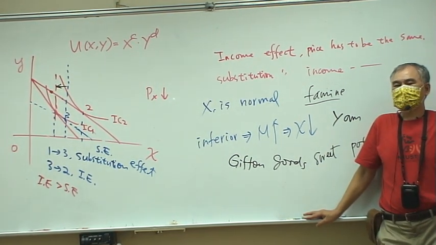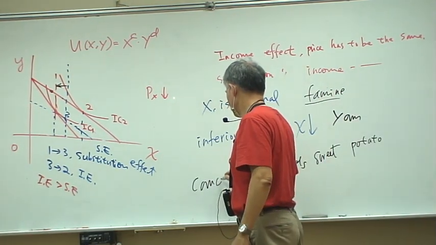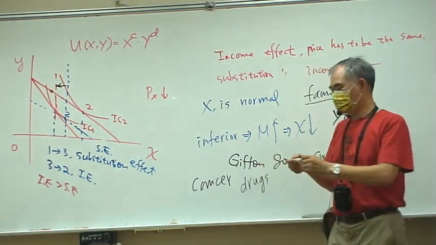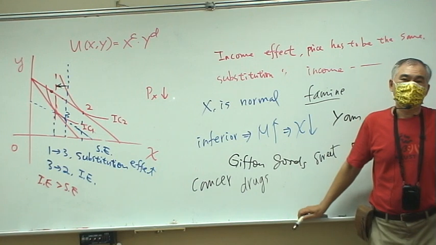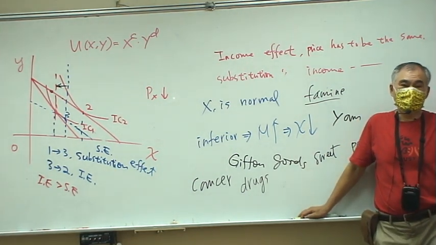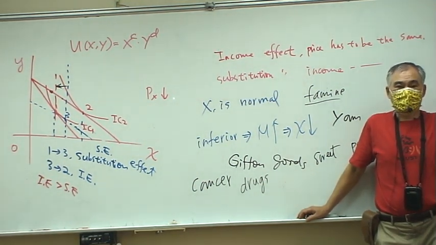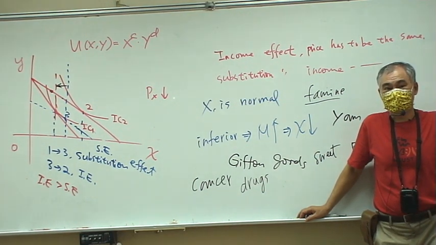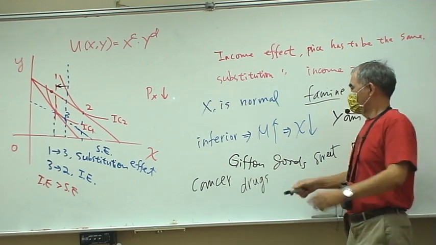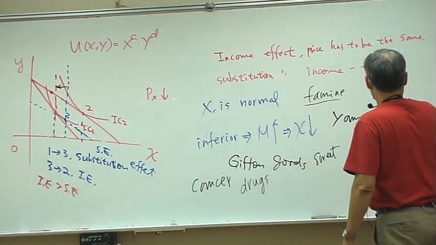Another case is cancer drugs. There are some crazy stories in the US, because basically it's a free world, you can do whatever you want. If drugs become more expensive, of course, and you want to survive, what do you do? You need to buy more. In this case, the demand curve will be vertical.